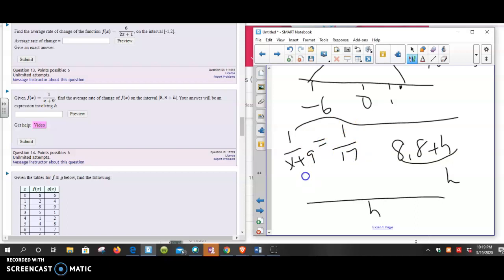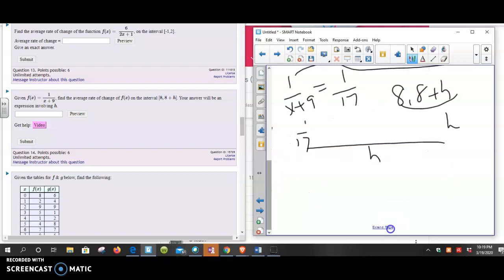So we start at 1/17, and then we have to put in 8 plus h. So what does that look like? So we're going to say 1 over 8 plus h plus 9, which is going to be 1 over 17 plus h.